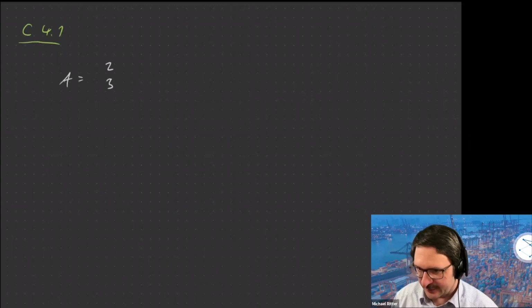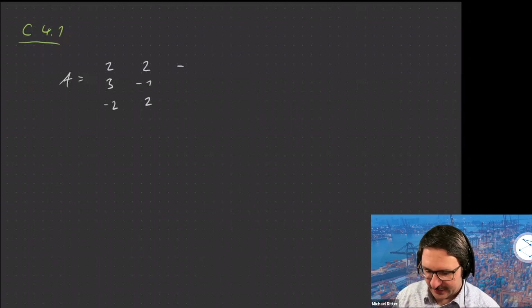So let's start with C41 as a warm-up exercise. In C41, we have a matrix A, which is given as 2, 3, minus 2, 2, minus 1, 2, minus 1, 1, minus 3, 2, 1, 4.